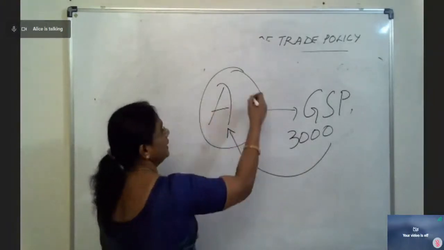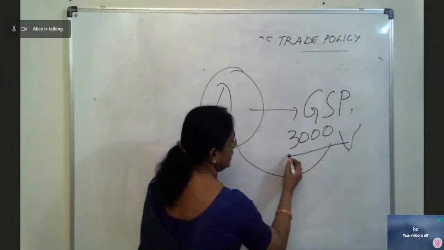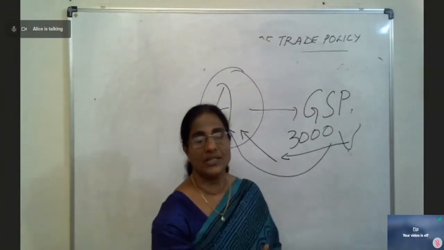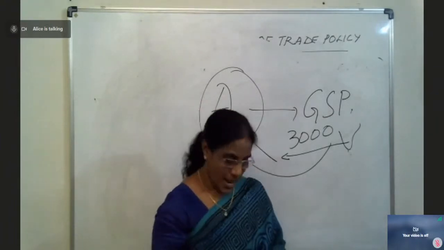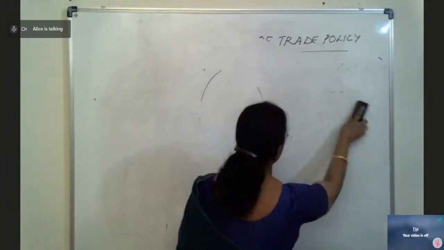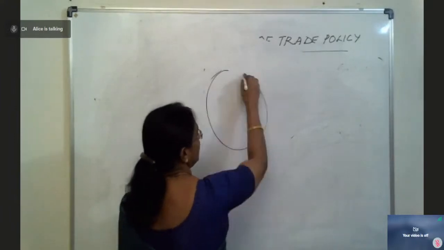It was very good for India because India could easily get market access to the US on more than 3,000 goods. And what happened when Trump came? When Trump came, you know how tensions come, okay?